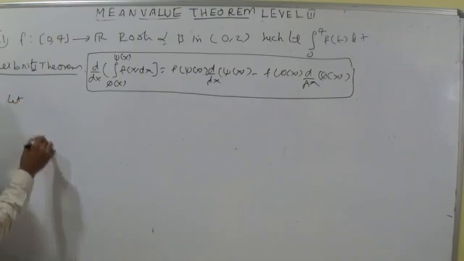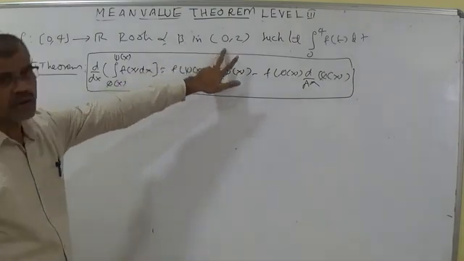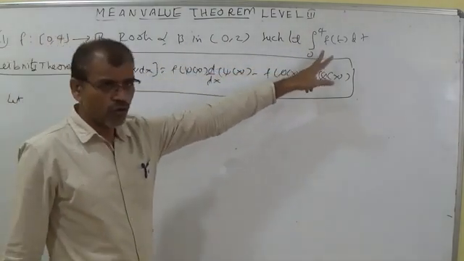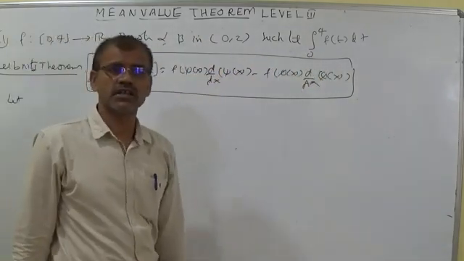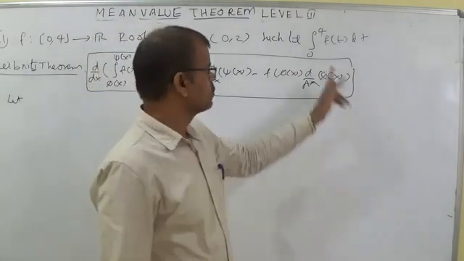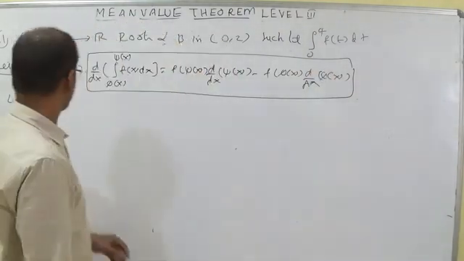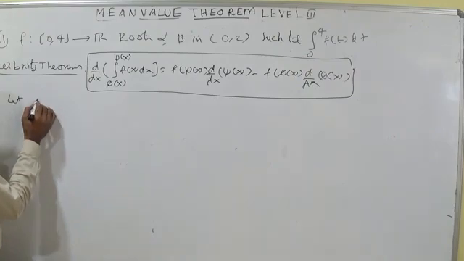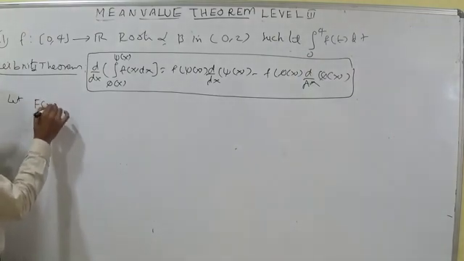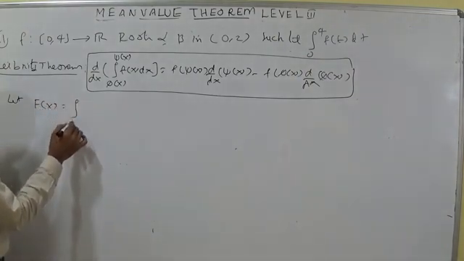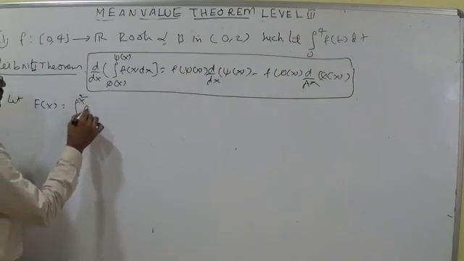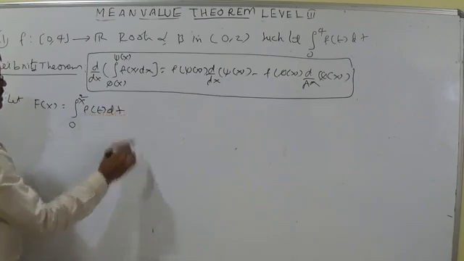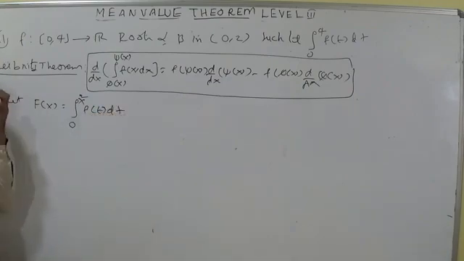Now I am writing integral 0 to 2, he gave here integral 0 to 4, and the value he gave as 0 comma 2. Let us try to understand that 0 square is 0 and 2 square is 4. So let capital F of x be equal to integral 0 to x square f of t dt.